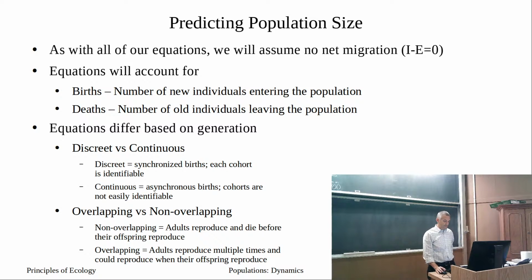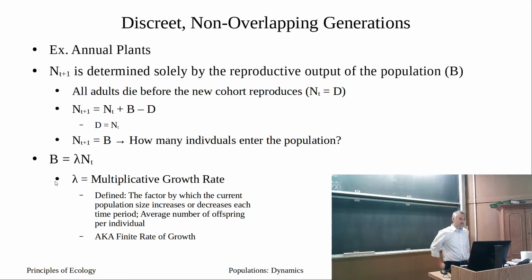If we have non-overlapping generations, our population estimate doesn't really need to take death rates into account because all of our adults die at the end of the year, before our new cohort starts reproducing. That doesn't occur in overlapping generations, where some of our parents are reproducing while some of their offspring are starting to reproduce. So we're going to start with discrete, non-overlapping generations.